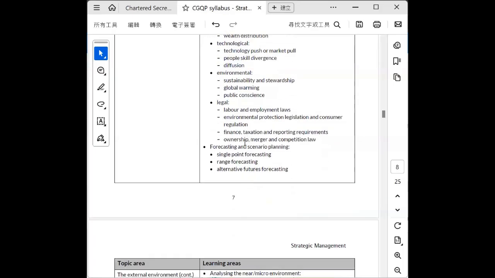Now, forecasting and scenario planning is also highly related. So there are four main forecasting methods. Single point forecasting, that is, you predict one specific outcome based on the current trend or based on historical data. So it's quite straightforward, but you assume stability and minimum disruptions.